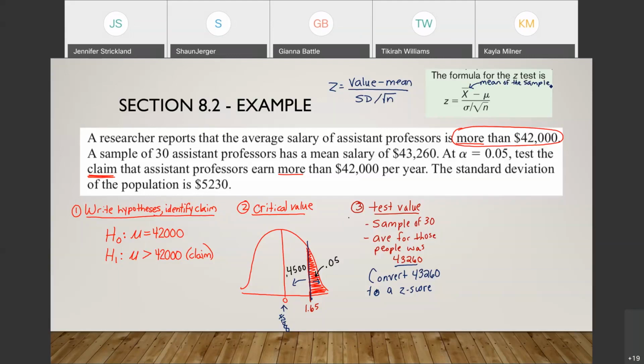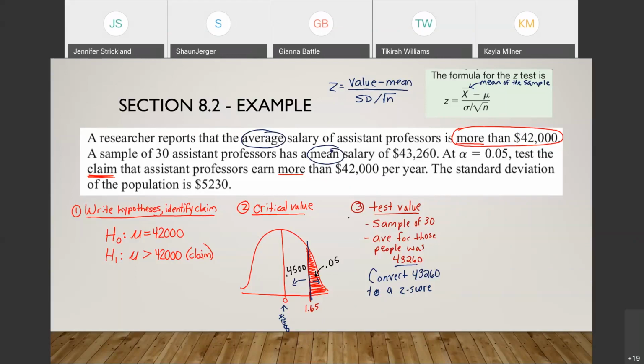Because there are 2 averages in the problem. They're talking about an average salary of 42,000, and then a mean salary of 43,260. So you've got to be able to tell those 2 apart and get them in the right order. That's the first thing students have a really hard time with.